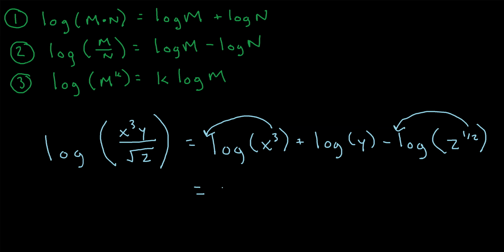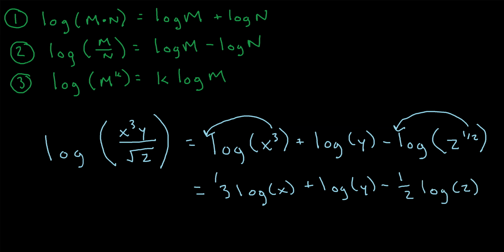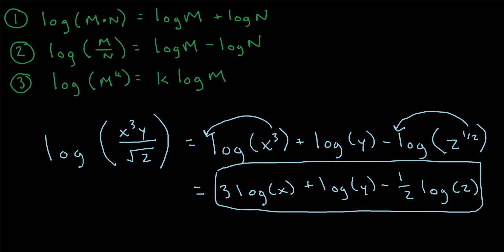So we can write our final answer as 3 log x plus log of y minus 1/2 log z. And this whole expression is our final answer. That is how we can expand this initial logarithmic expression.